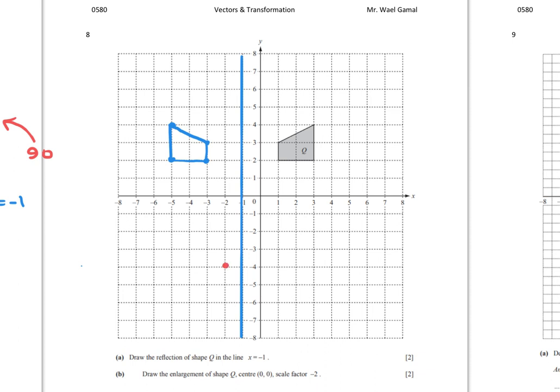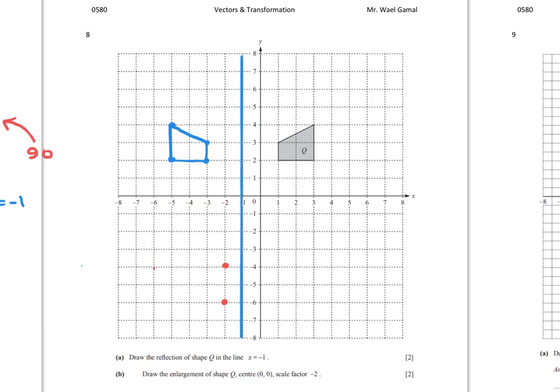In the same way, this point, 1 and 3 multiplied by -2, so -2 and -6. This is the image. For this point, 3 and 2, multiplied by -2, so -6 and -4.